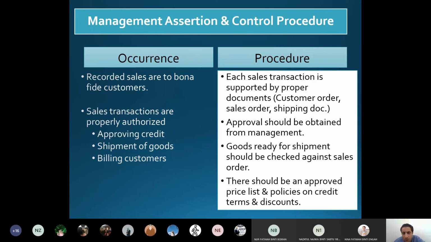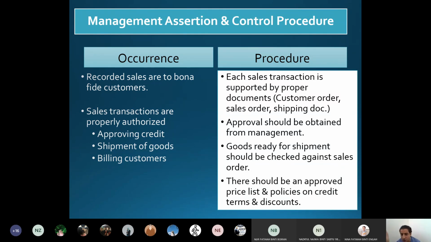What the auditor will do, the auditor will check whether each sales transaction is supported by proper documents: customer order, sales order, shipment document. Okay. Number two, approval should be obtained from the management, which we mean by approval of credit or approval of sending the goods to the customer.